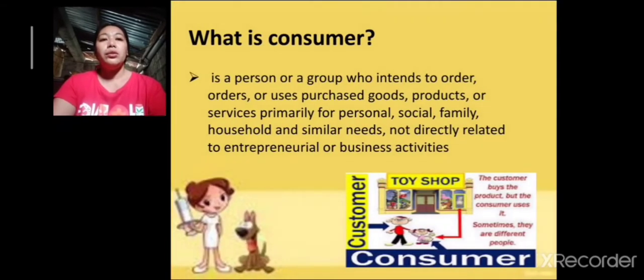What is a consumer? A consumer is a person or a group who intends to order or use purchased goods, products, or services primarily for personal, social, family, household, and similar needs, not directly related to entrepreneurial or business activities.